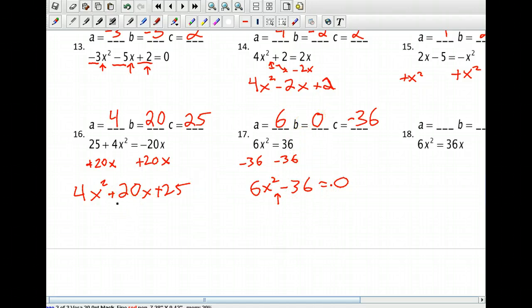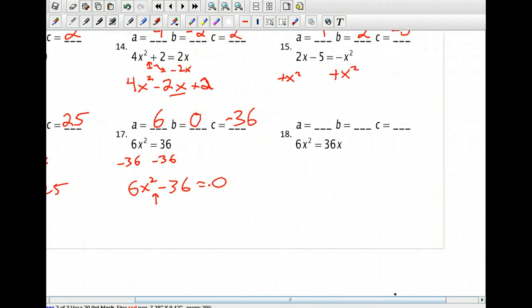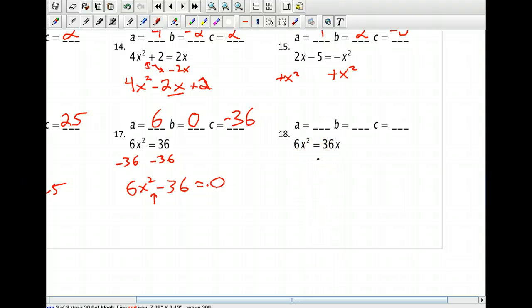There's no x term, so it's just a 0. So what you don't want to do is say the first number is A and the second number is B. That would be wrong. Here, same idea. A is, B is, and C is 0.